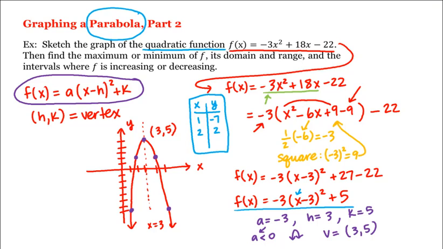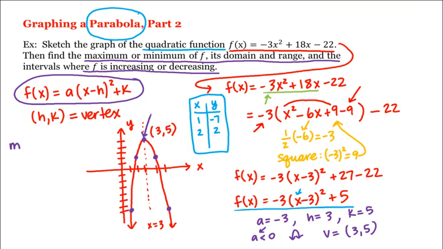So here's the graph of our quadratic function or our parabola, but we're still asked to find the maximum or minimum values of f, its domain and range, and intervals of increase or decrease. Now, because this parabola is opening downward, it will have a maximum, not a minimum, and the maximum will occur here at the vertex.